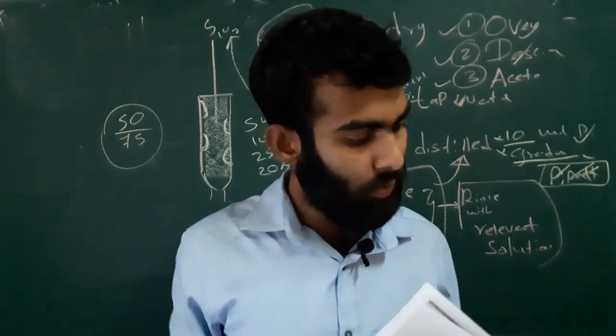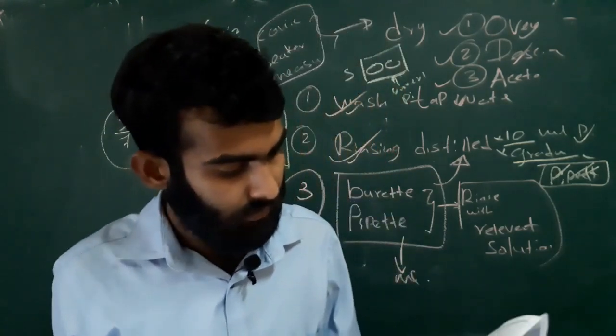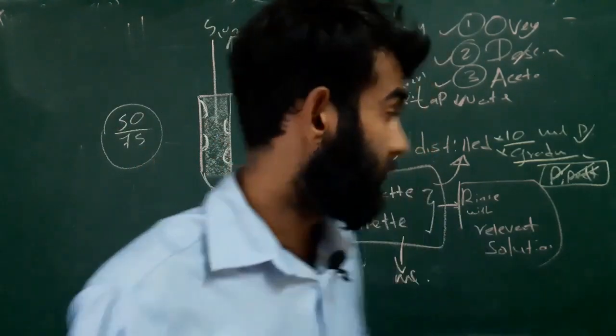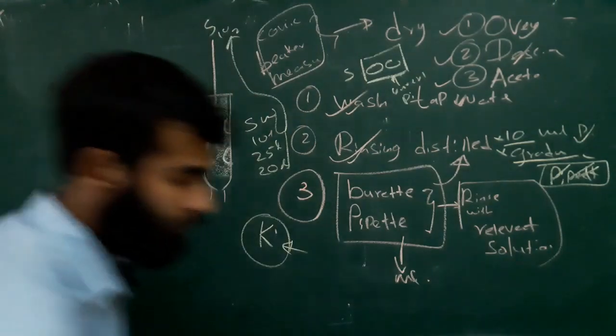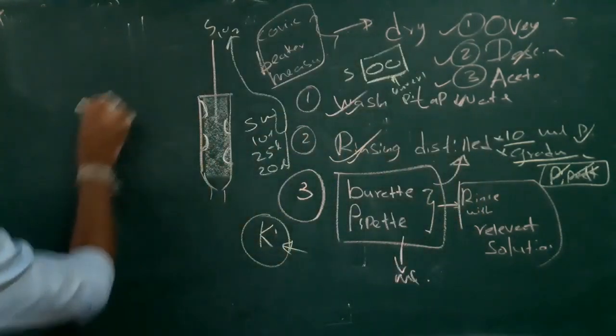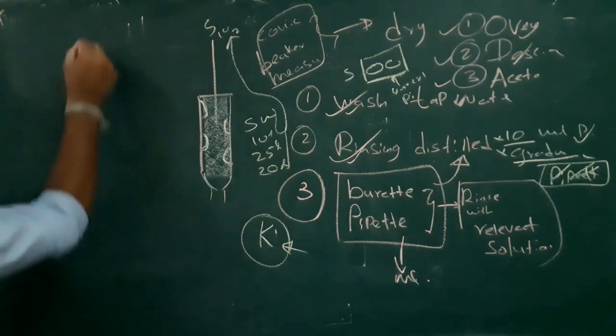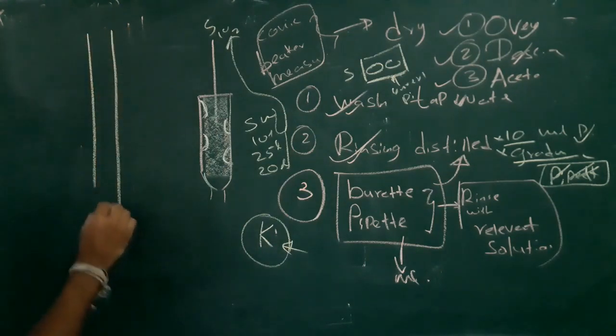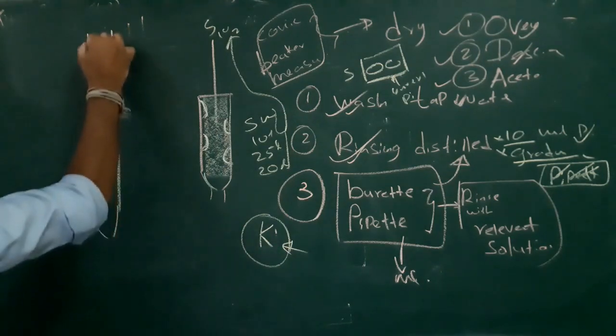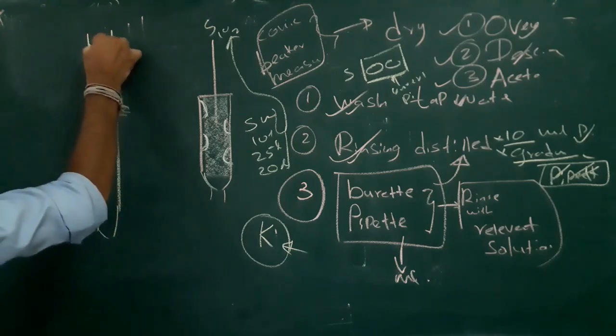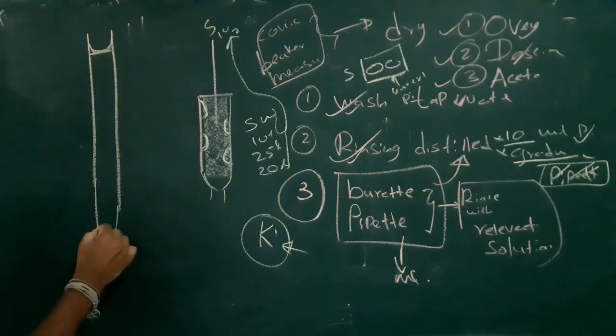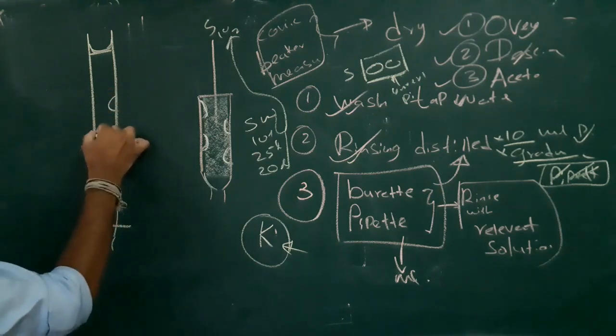On the other hand, when we are using the burette, we have to think about the meniscus. We have to care about the meniscus. When we are balancing the meniscus, we have to take care about whether there are trapped air bubbles.